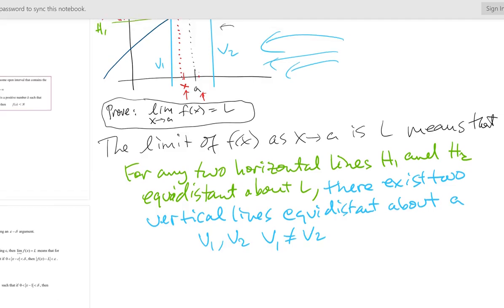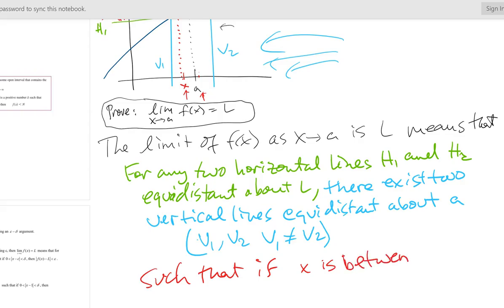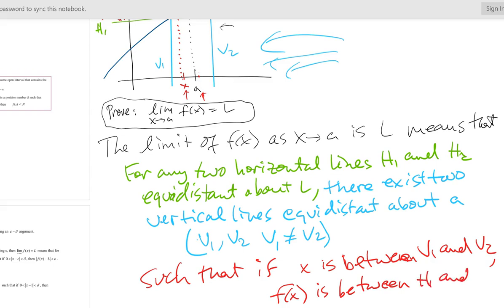There exist two vertical lines equidistant about a, such that if x is between V1 and V2, f of x is between H1 and H2. And that's how it works.